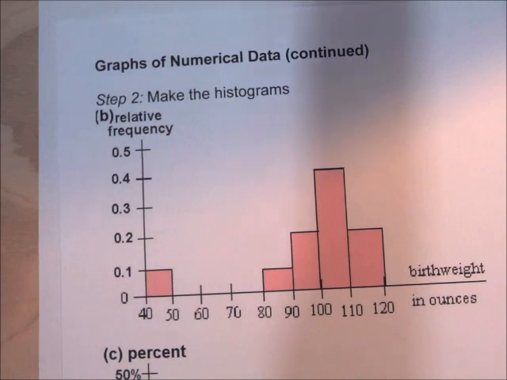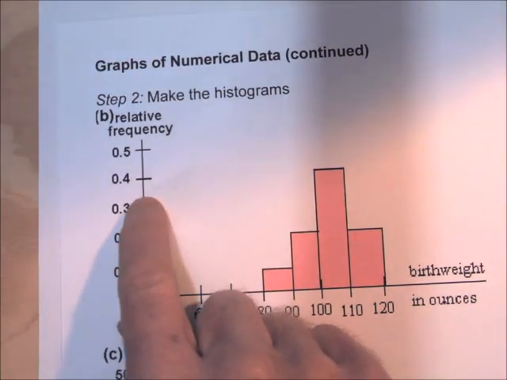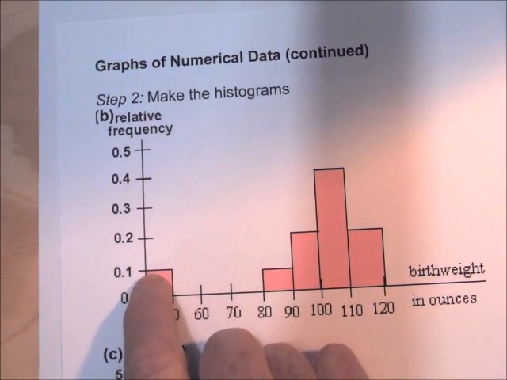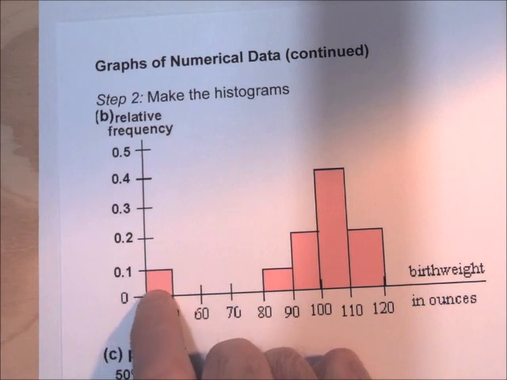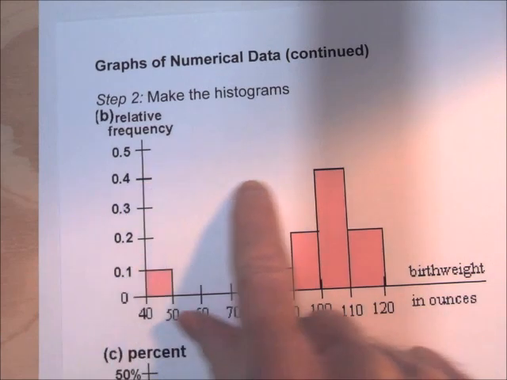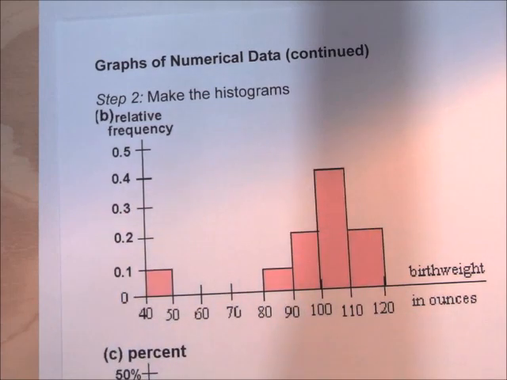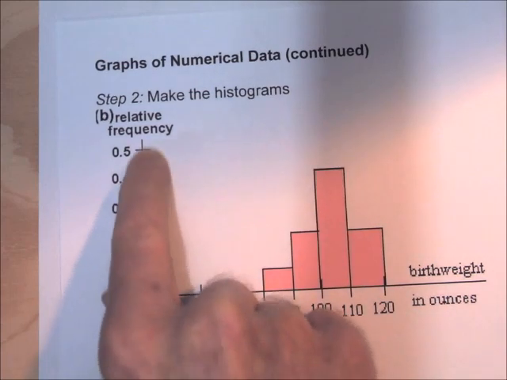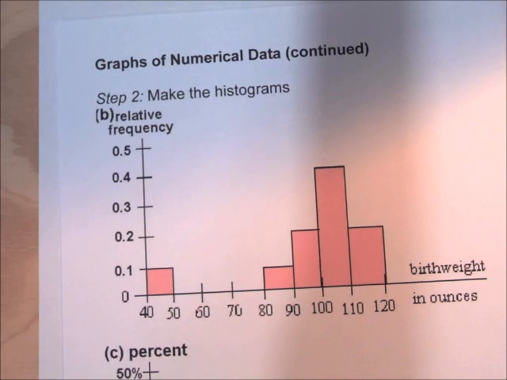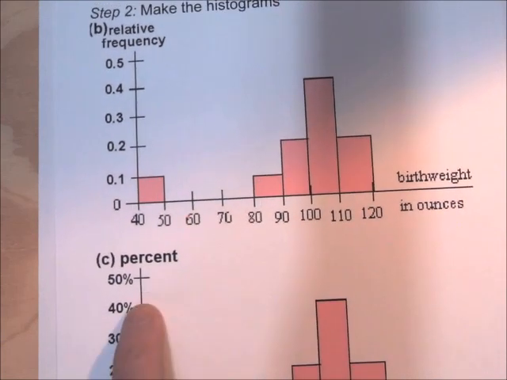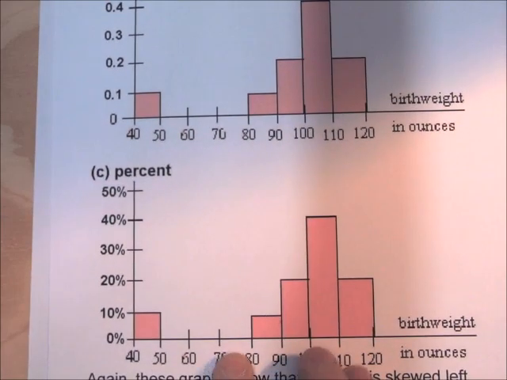And it's basically the same graph. It's just the scale is different. Instead of going from 0 to 4, we're going from 0 to 0.4. Our highest bar is at 0.4. And this vertical scale here gives the relative frequency. If we do the percent, the highest percent here is 40%, but basically it's the same graph.